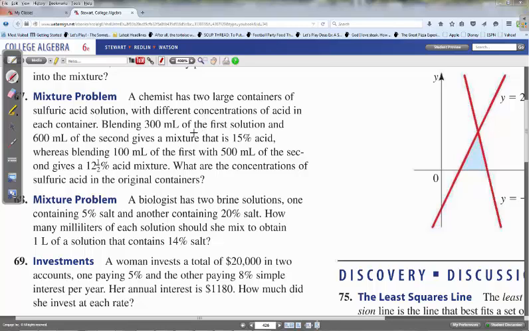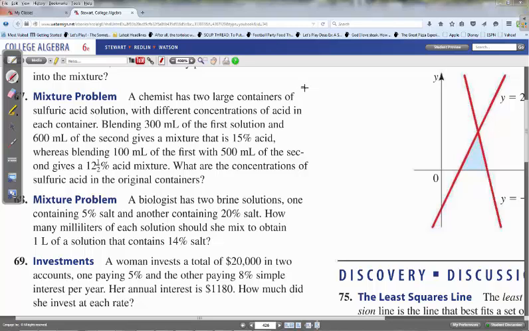So we have different concentrations of acid. So, what are the concentrations of sulfuric acid in the original containers? We want to get a mixture that is 15% acid. And we know we had 300 milliliters of the first solution and 600 milliliters of the second.